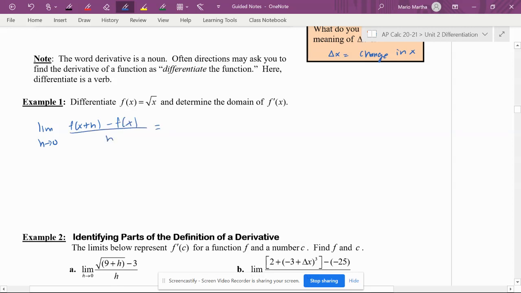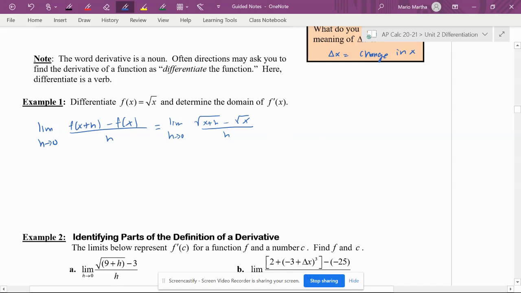So we substitute. We're looking at the limit as h approaches 0. f of x happens to be the square root of x, so we get the square root of x plus h minus the square root of x all over h.